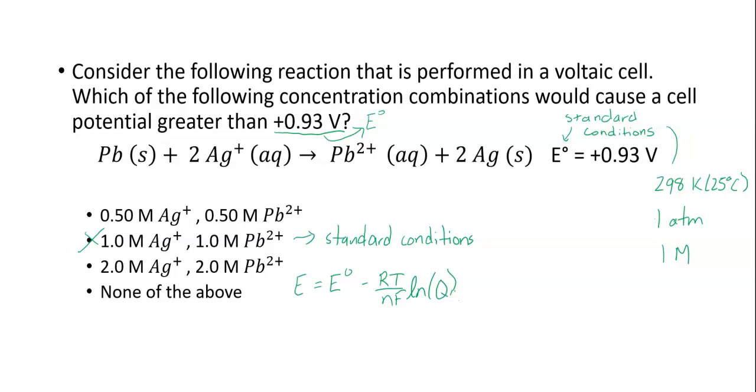But what's going to vary here is Q. The value of Q can vary, and so the ln of Q can be positive, it can be negative, or it can be 0. And that's going to affect whether the cell potential is greater than, equal to, or less than the standard cell potential. And so it's important to understand each of these scenarios.